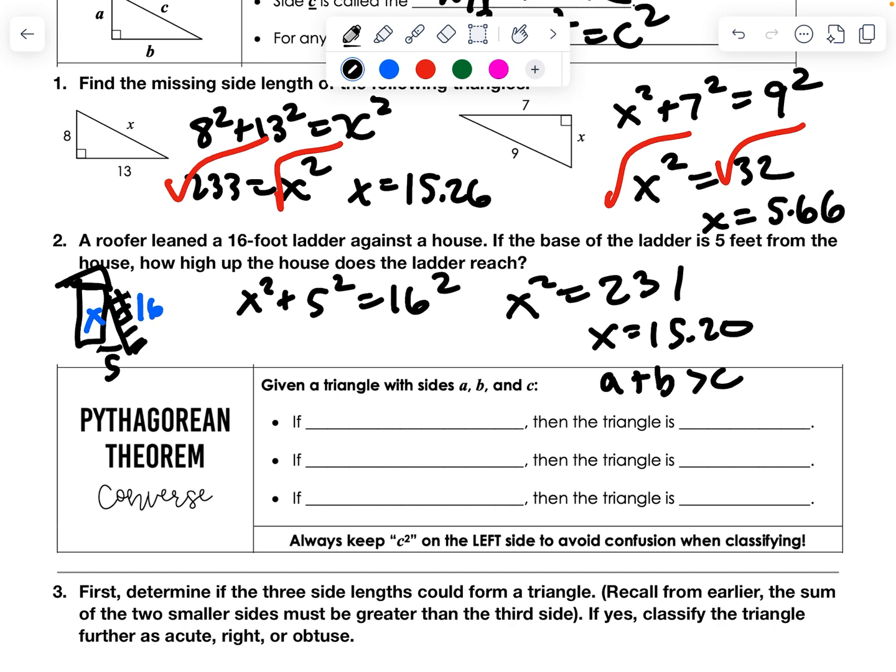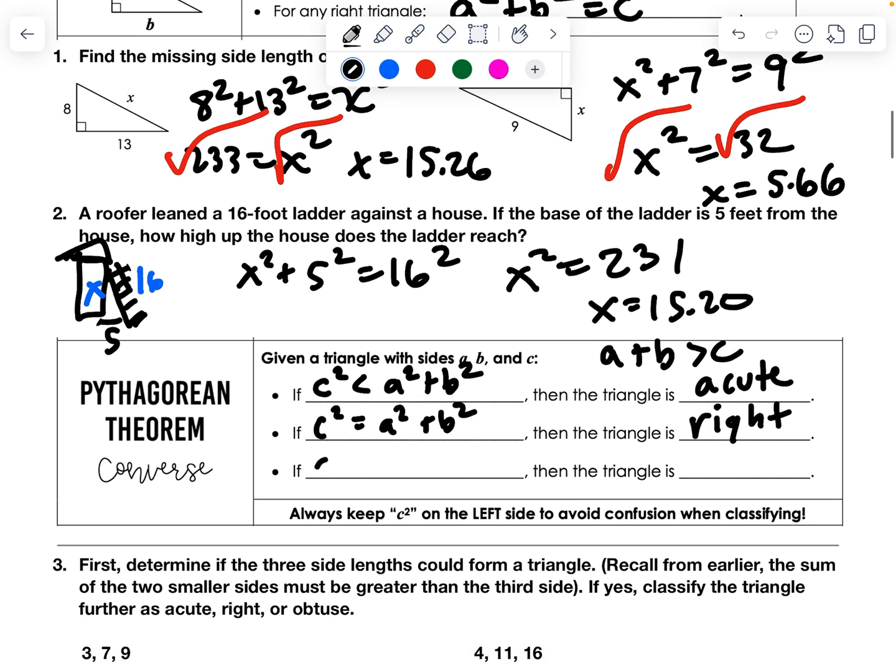If C squared is less than A squared plus B squared, so if the longest side is smaller than the sum of the legs, we would have an acute triangle. If C squared is equal to A squared plus B squared, we have a right triangle.